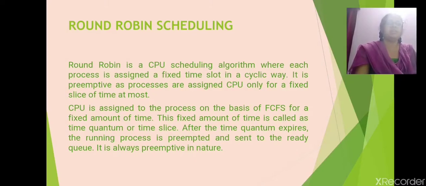It is similar to FCFS scheduling, but preemption is added to enable the system to switch between processes. A small unit of time called a time quantum or time slice is defined. A time quantum is generally from 10 to 100 milliseconds in length.